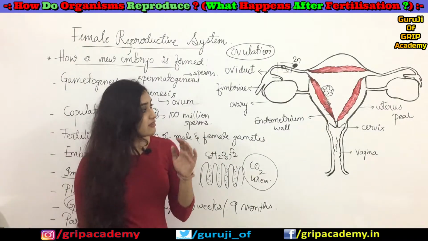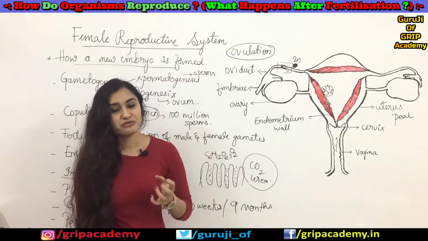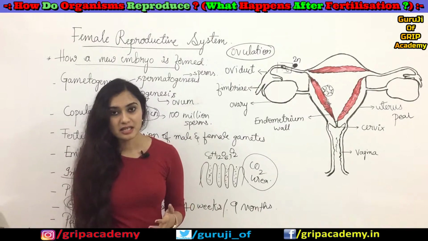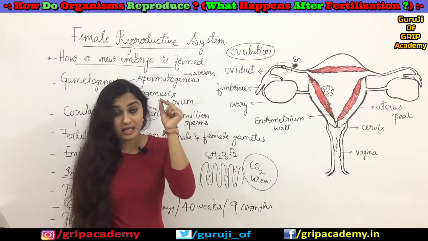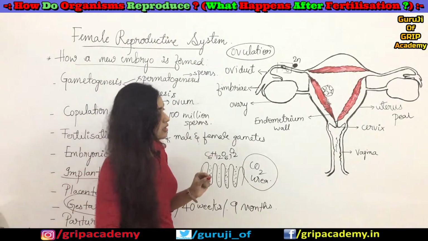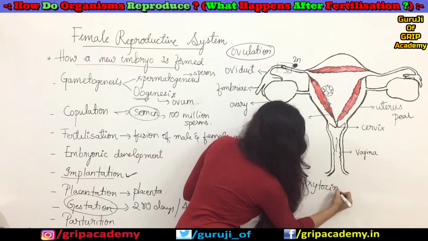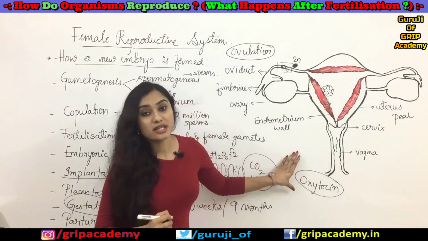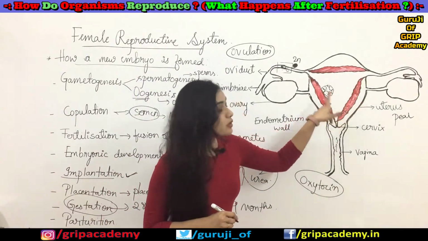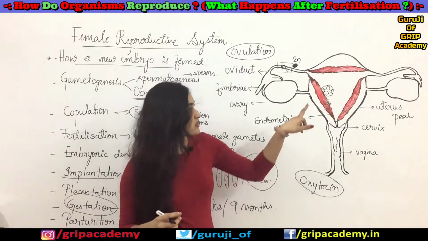So after the complete development of a baby or embryo for a duration of 9 months, once the baby is completely developed, the pituitary gland in the female's brain releases a hormone called oxytocin. Under the influence of this oxytocin hormone, the uterine walls start to contract.